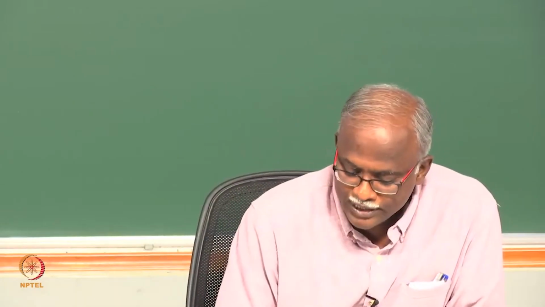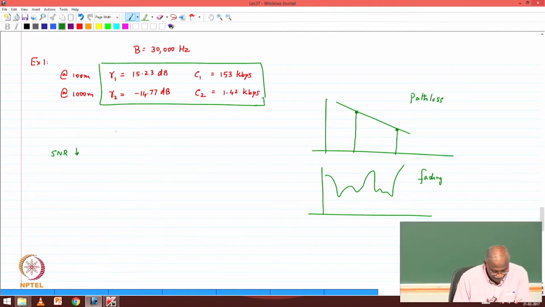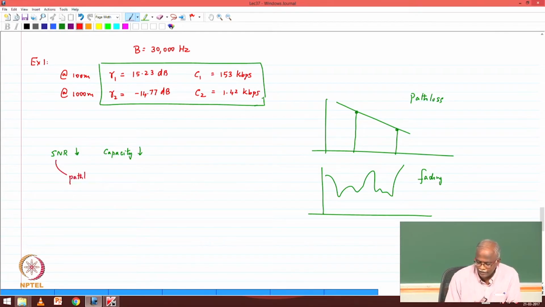What we can summarize from this example is that if the SNR goes down, the capacity goes down. Now SNR can go down because of path loss, as in this particular example, or it could be due to fading. It really does not matter what the cause is. It's going to eventually affect my capacity.